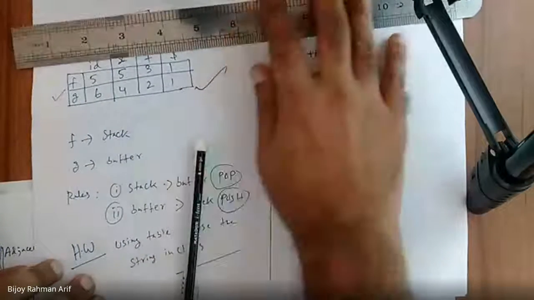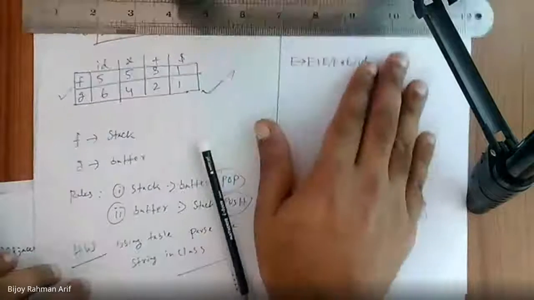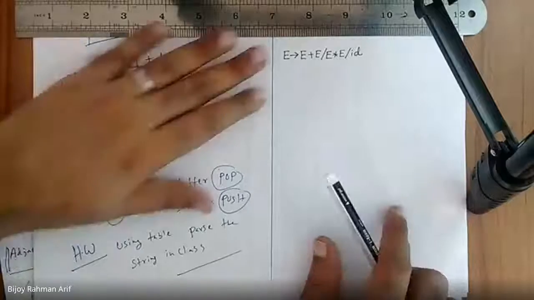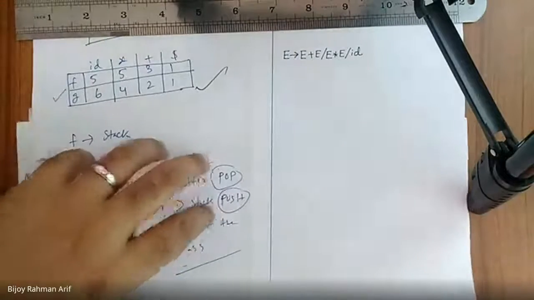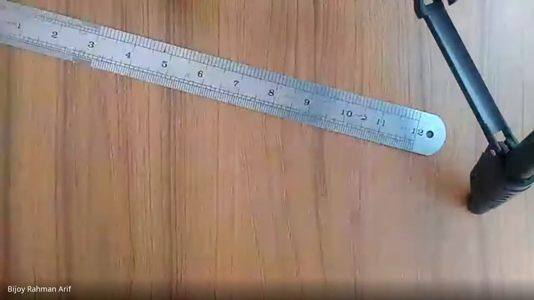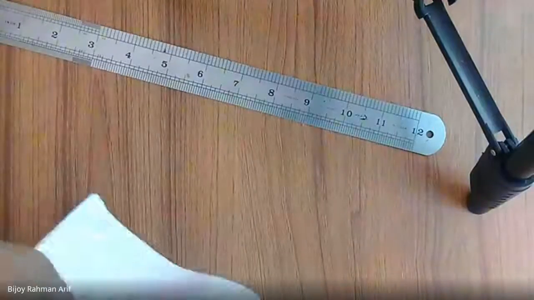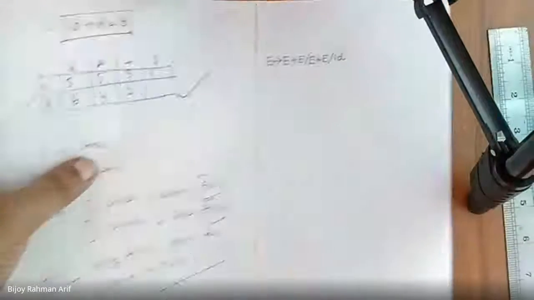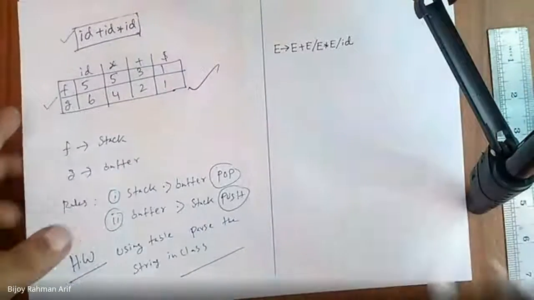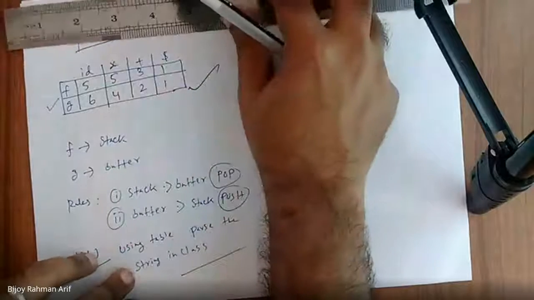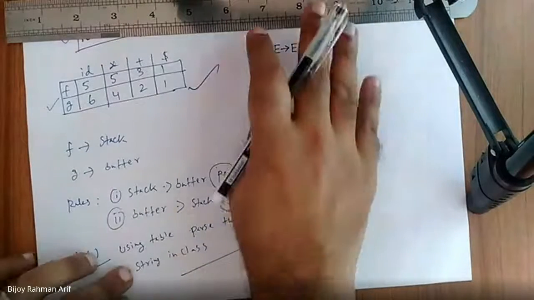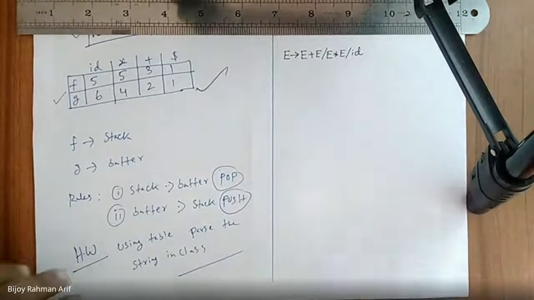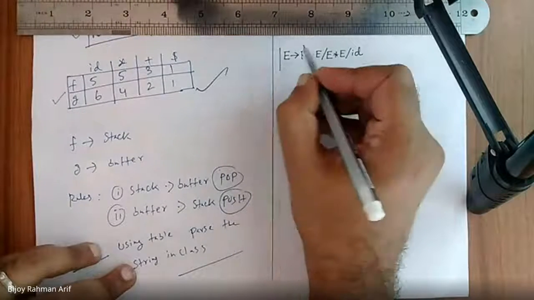We're trying ID plus ID star ID. This is my grammar, and this is ambiguous.